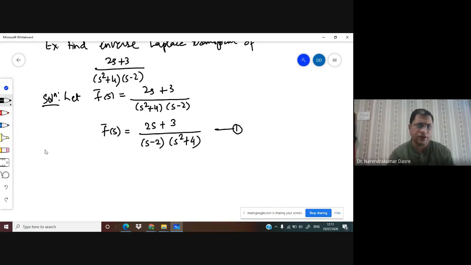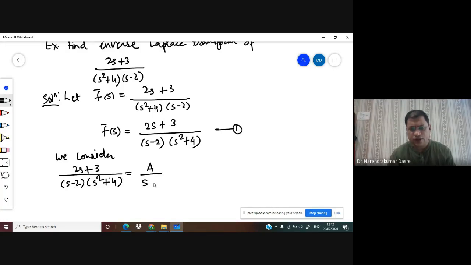And now we consider the partial fraction, so 2s plus 3 upon s minus 2 and s square plus 4. So here the first factor is a linear factor, so we'll be having the constant term as a numerator plus. Now you can see this is the quadratic factor. It is an irreducible quadratic factor. So the numerator will be bs plus c.